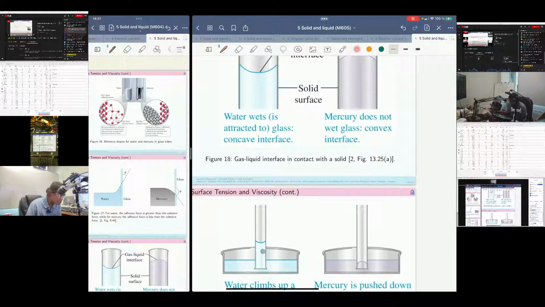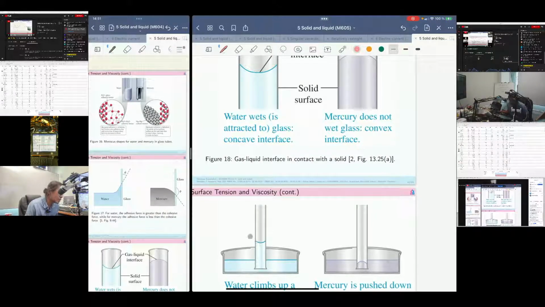So they try to pull the water up inside the capillary tube. Okay, but please note that you will be able to notice this effect only when you use a capillary tube with small radius. Okay, you would see this effect.